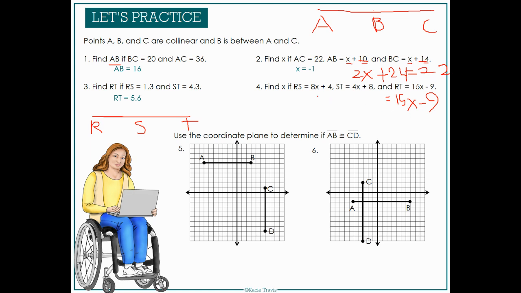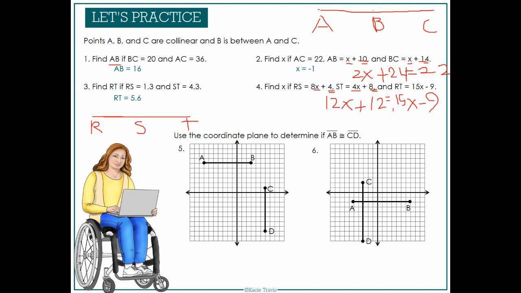So let's go through, let's combine some like terms. We got 4x and 8x, that gives us 12x. Then we got this plus 4 and this plus 8, which just gives us a plus 12. So I go through and start to solve. I got to bring the 9 over to the other side. I got to bring the 12 over to the other side.